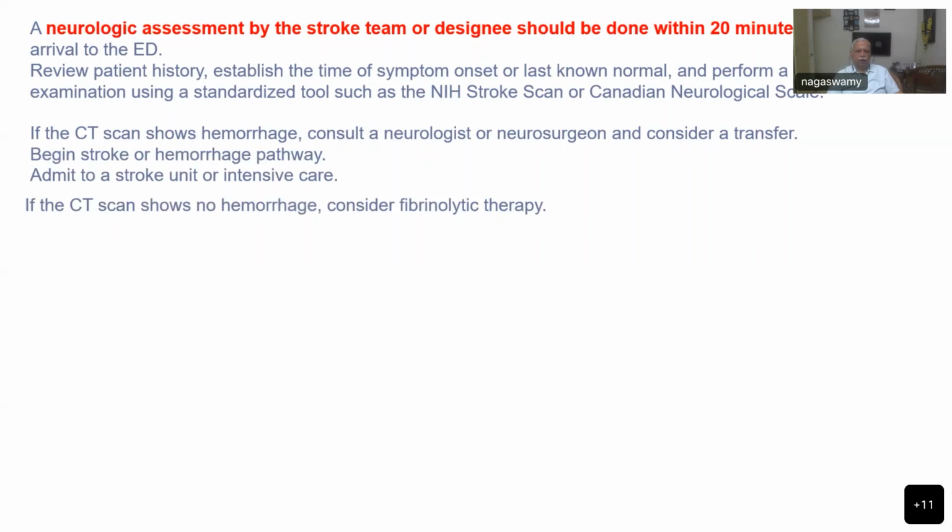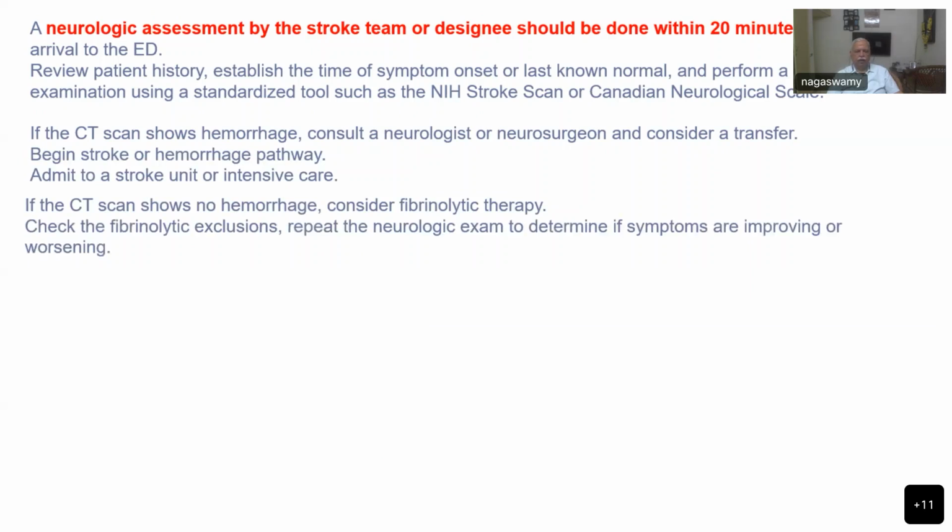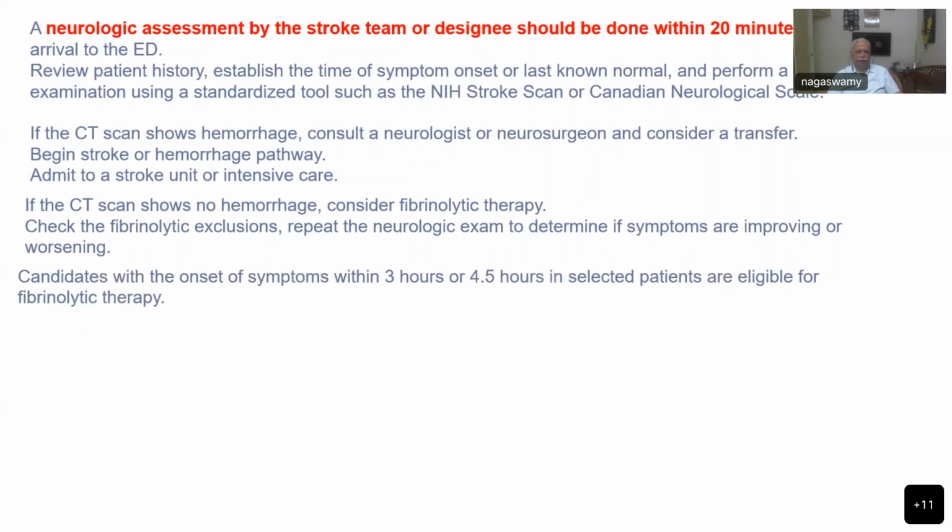If CT scan shows no hemorrhage, consider it as an ischemic stroke with a clot, so fibrinolytic therapy is indicated. This treatment has revolutionized the result of any patient suffering from stroke with the early recovery. So check the fibrinolytic exclusions, repeat the neurological exam to determine if symptoms are improving or worsening.